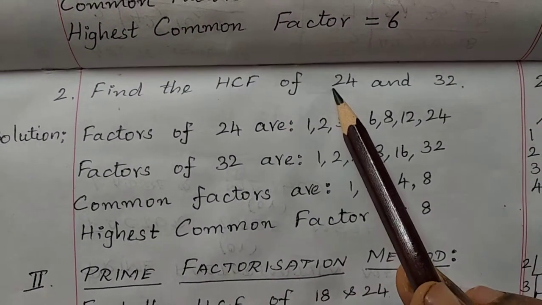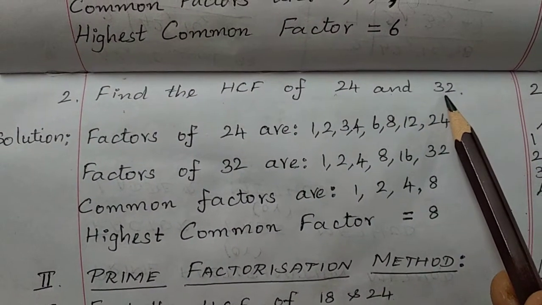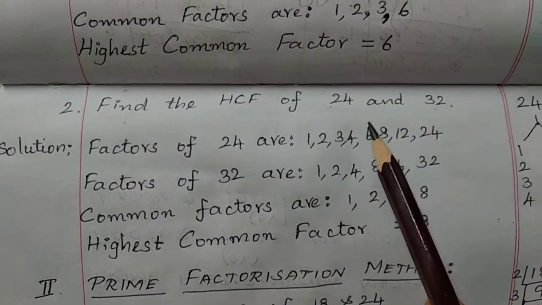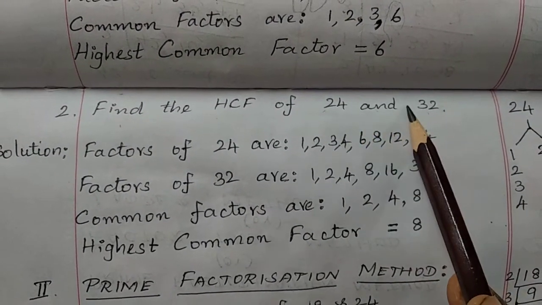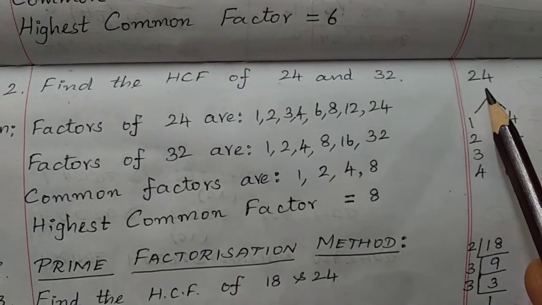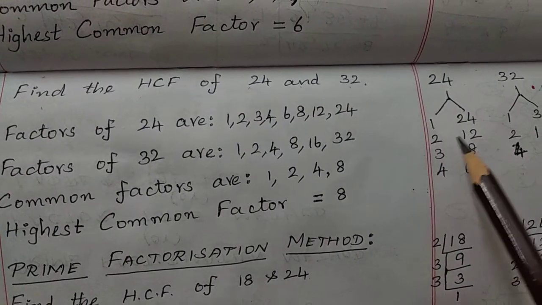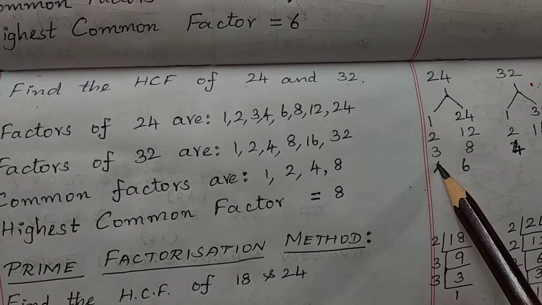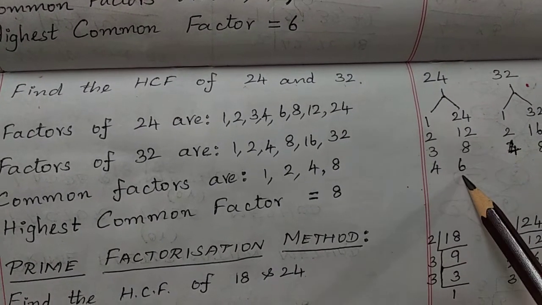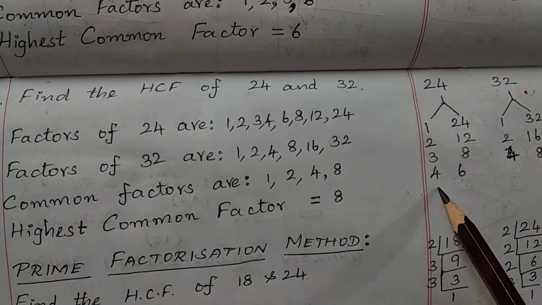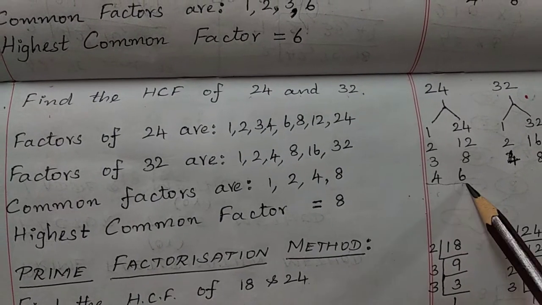Find the HCF of 24 and 32. Both are even numbers. Let us factorize first. 24 is equal to 1 into 24, 2 into 12, 3 into 8, 4 into 6, or 6 into 4. Well, 6 into 4, repetition occurs, so stop there itself.